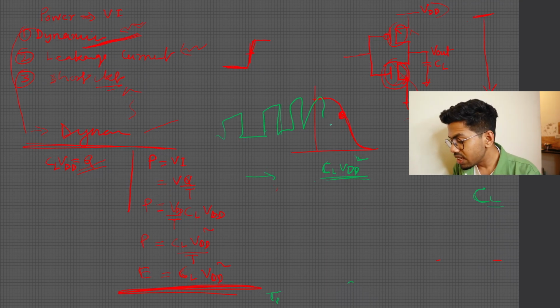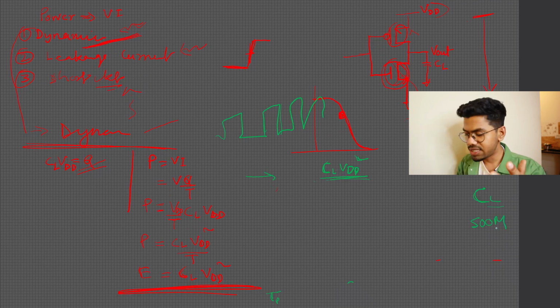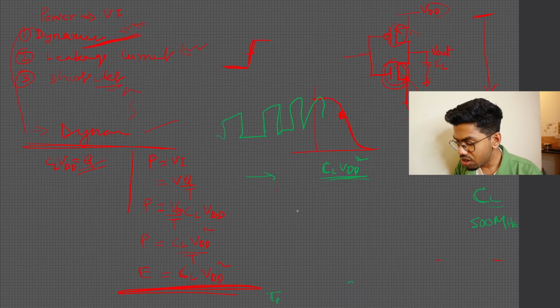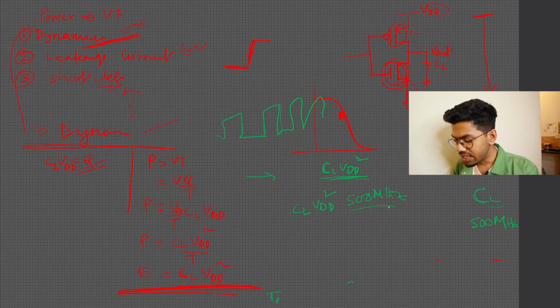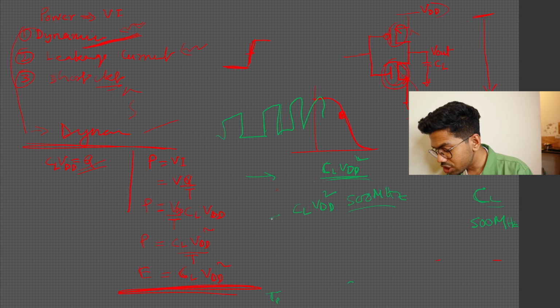And if this happens 500 million times in a second, or at 500 megahertz, then your total power dissipation would be CL VDD square times F, the frequency. So for 500 megahertz, if you keep on drawing power for each cycle, then you will consume this much power.